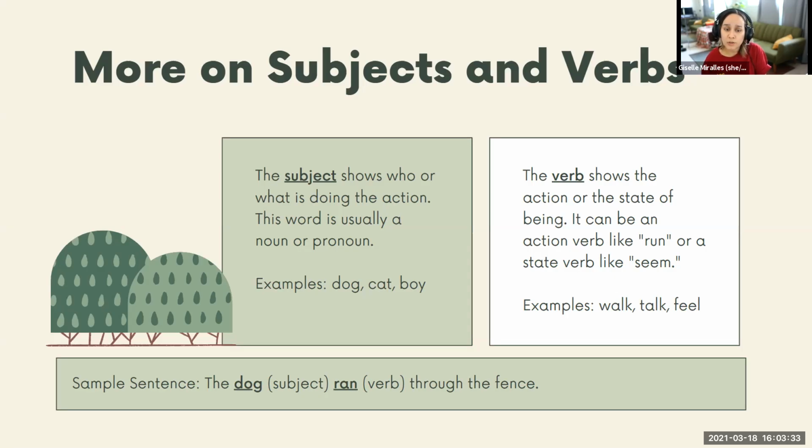Examples, like I mentioned, are walk, talk, and feel. And a sample sentence that has both a subject and a verb is: the dog (subject) ran (verb) through the fence. I will talk about what kind of sentence this is, but for preliminary knowledge, this is a simple sentence, and I will get into what the differences are between the sentence types.